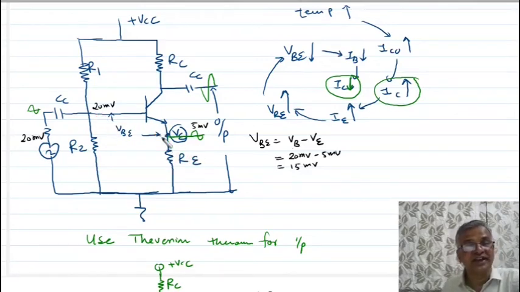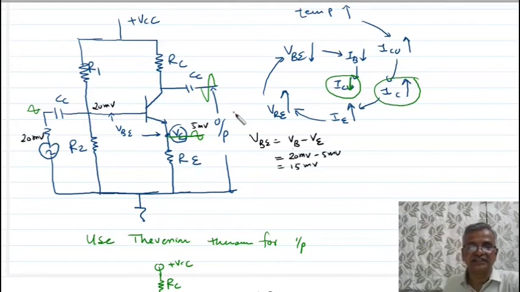This is called negative feedback, and it is an AC negative feedback. Due to this negative feedback, input voltage decreases, so output decreases. It is called loss in gain.